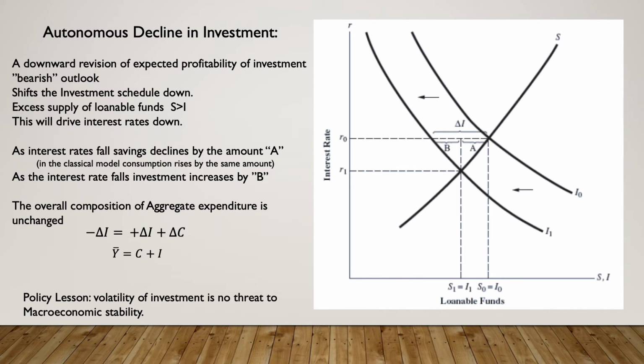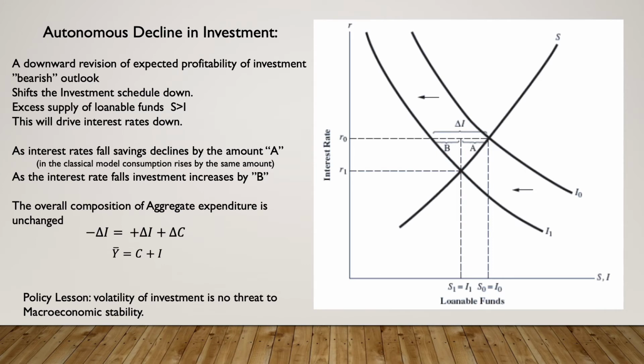That distance, B, is the amount of investment which was recouped because of falling interest rates. Interest rates have a negative impact on investment. As we move from R0 to R1, investment grows, and it grows by the amount of that bracket B.